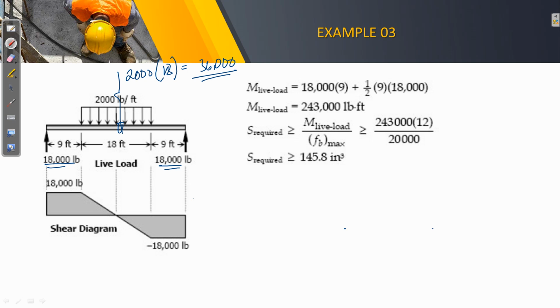So considering the shear diagram, we have this to push this shear diagram upwards by 18,000. No loading. We are going to deduct 36,000, 18,000 minus 36,000. We have negative 18,000. No loading. Then it will go back to 0 by this reaction.